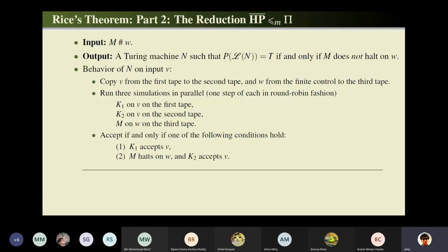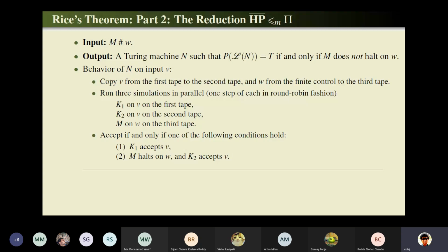If K1 accepts V, you always accept. Otherwise, even if K1 does not accept V, but you see that M has halted on W and K2 has accepted V, then also N accepts V.